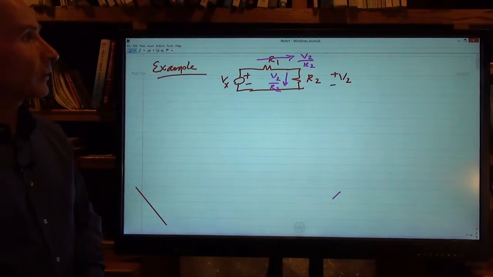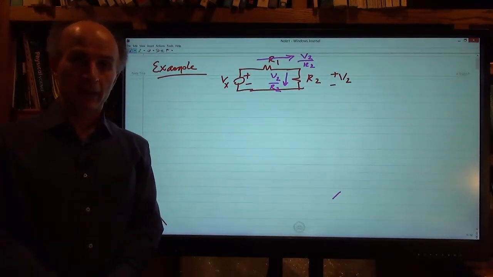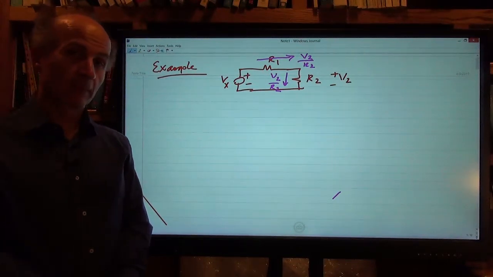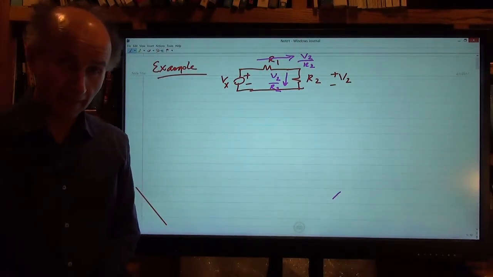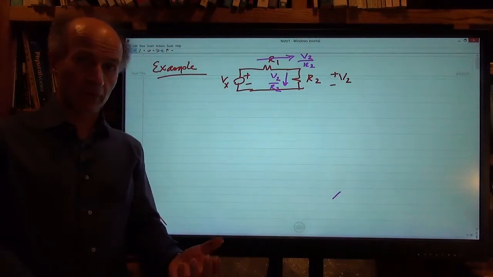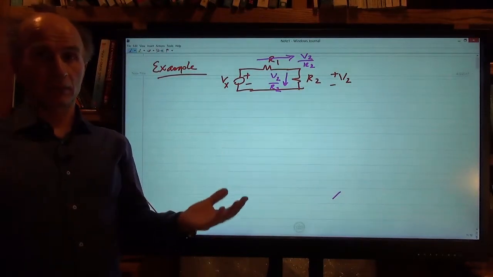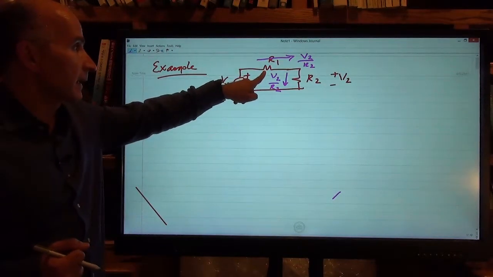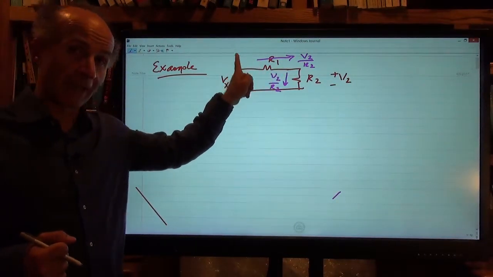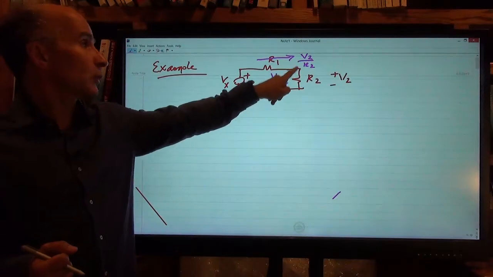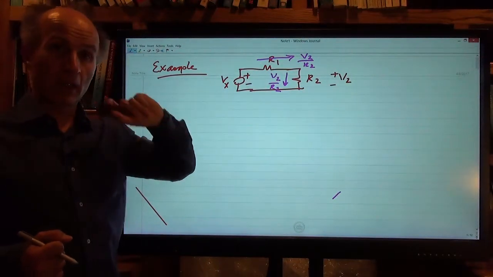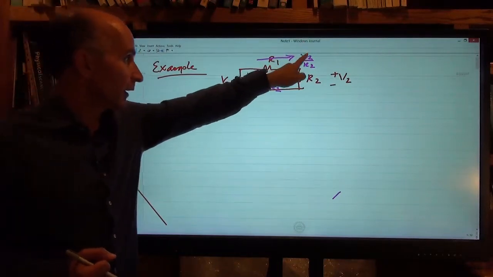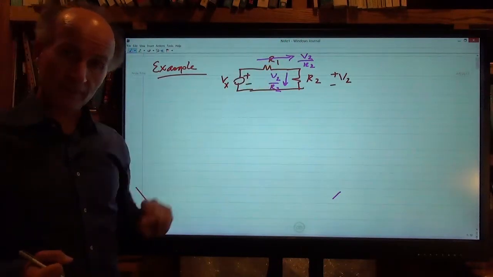All right. If I know the current through R1, do I know the voltage across R1? Yes. Ohm says multiply the current by the resistance to find the voltage for a resistor, right? So this resistor says I carry a current from left to right equal to V2 over R2. Therefore, I will sustain a voltage equal to the current times the resistance.